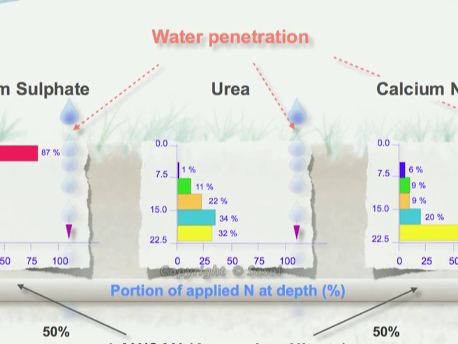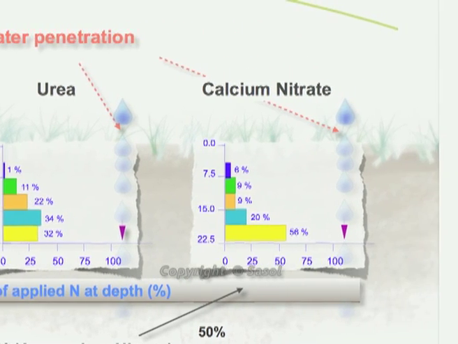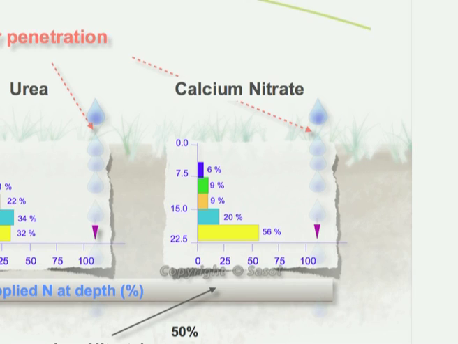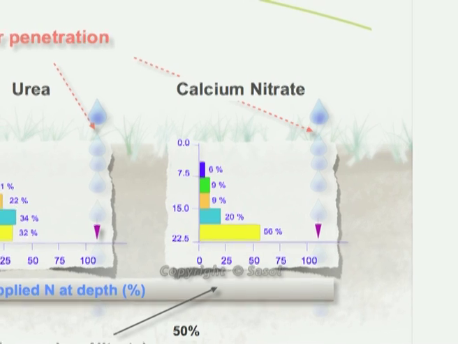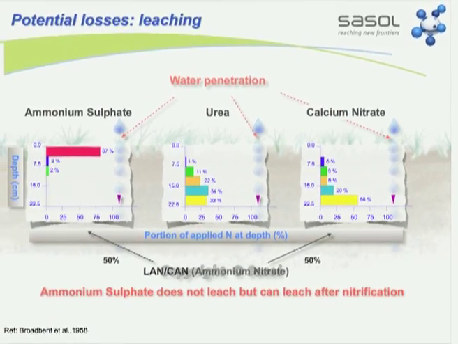While in the case of urea, urea will follow the water to the same depth. In this case of calcium nitrate, the nitrate will also follow the water to the same level of water penetration.